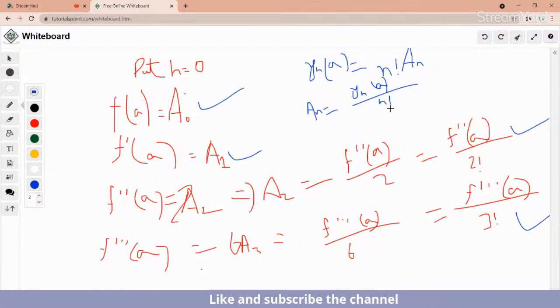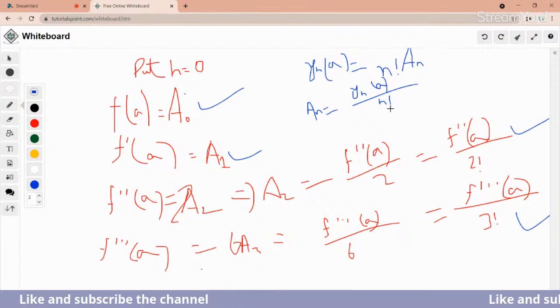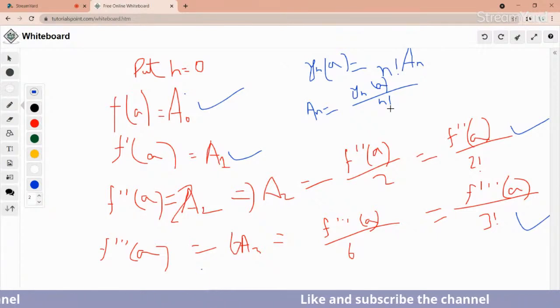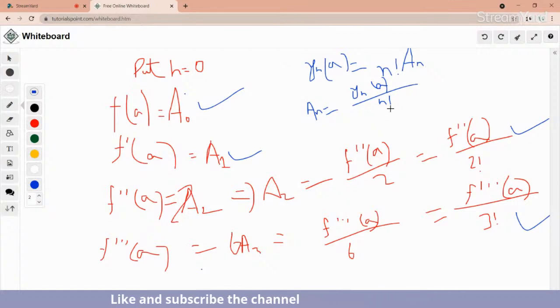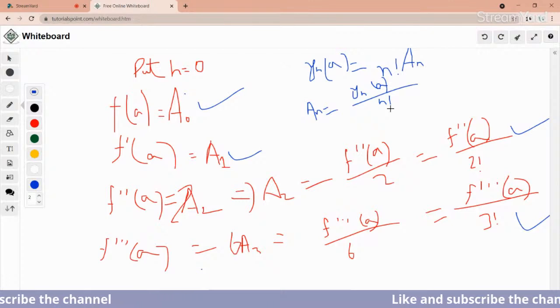So now our job is to put these values in equation 1 that we have seen the first time, that is f of x plus h is equal to f of a plus h into f dash a plus h squared by 2 factorial f double dash a. So now you have to put the value there.